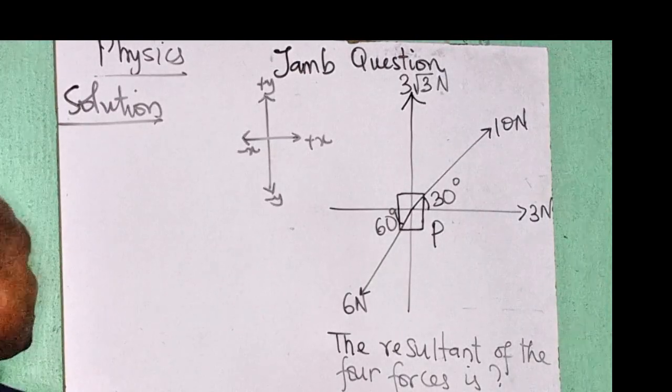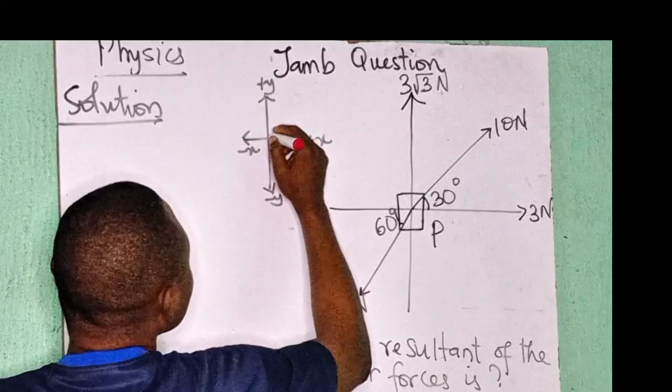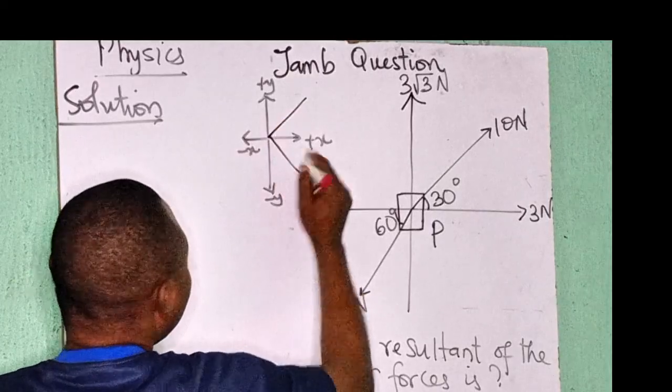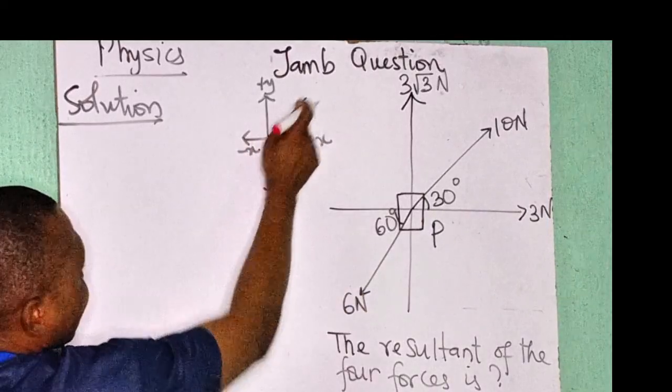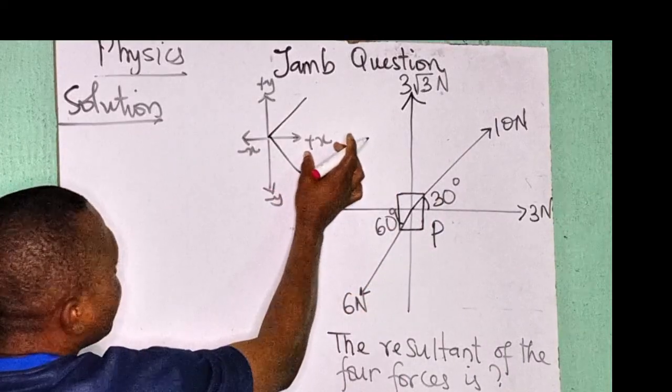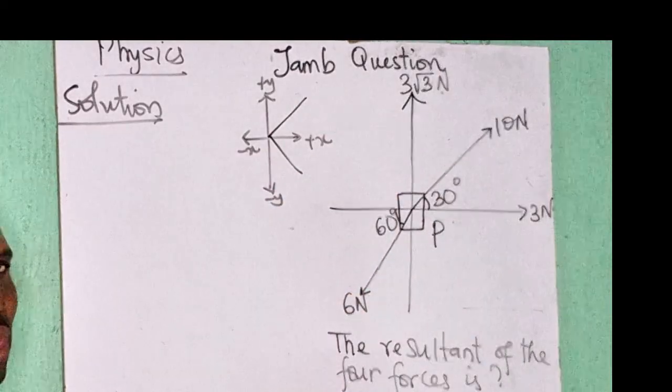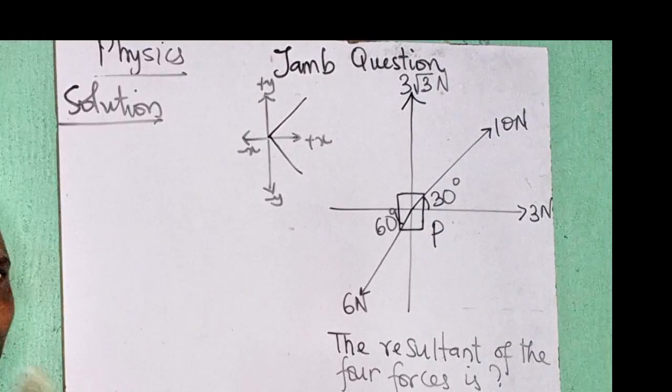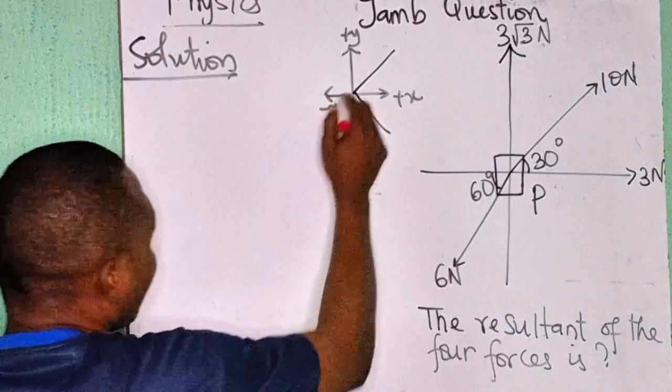Any slanting force pointing to the right is resolved along the positive x-axis, still horizontally.